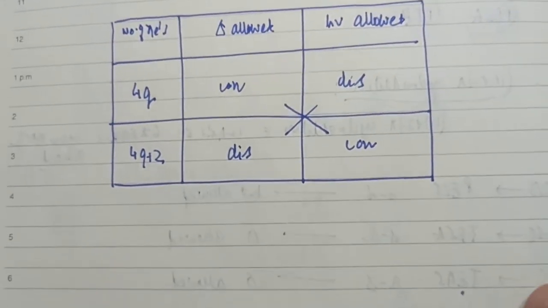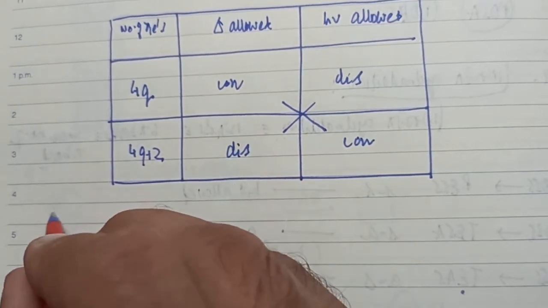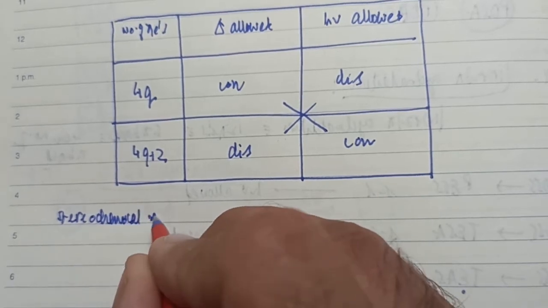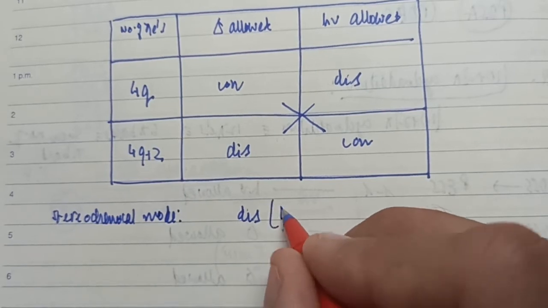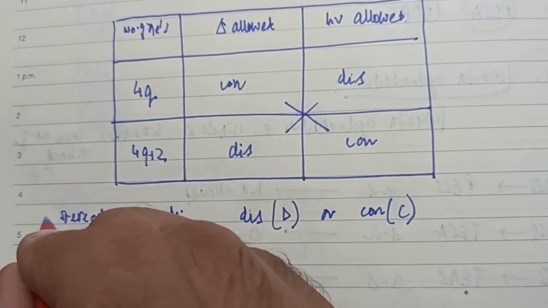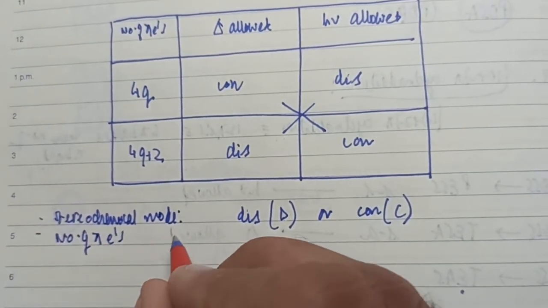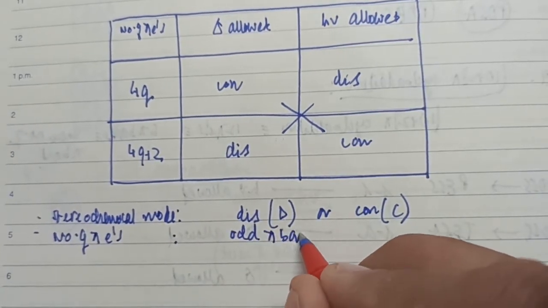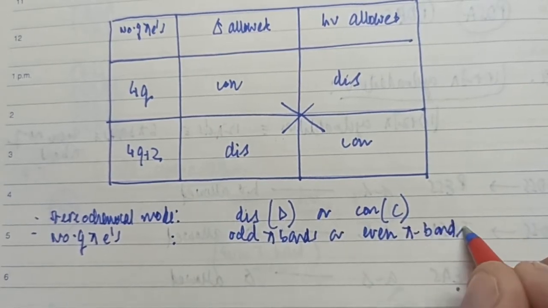Very simple. Now how do we use the formula here? Now there are 3 components here. The stereochemical mode is disrotatory, D, or conrotatory, C. The number of pi electron systems, this can be odd pi bonds or even pi bonds, as we have seen in the case of cycloaddition.